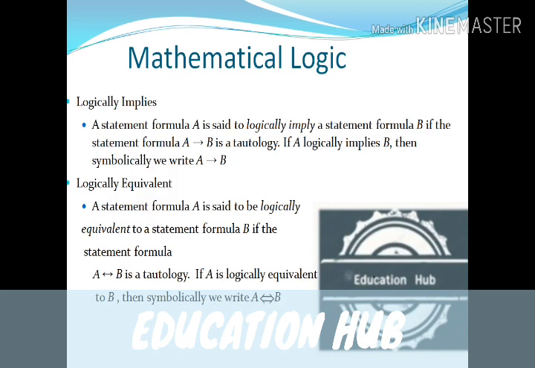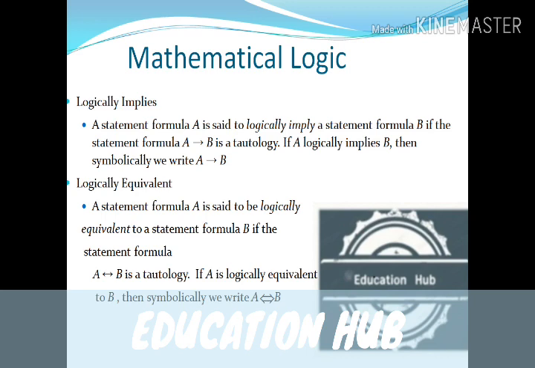Now you have to understand logically implies and logically equivalent. A statement formula A is said to logically imply a formula B if the statement formula A implies B is a tautology.